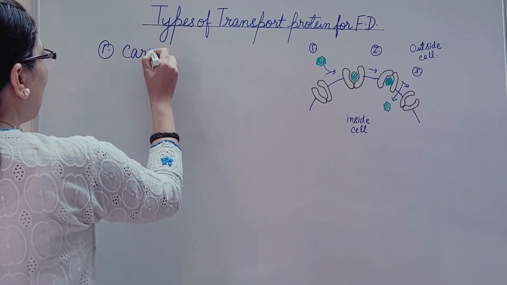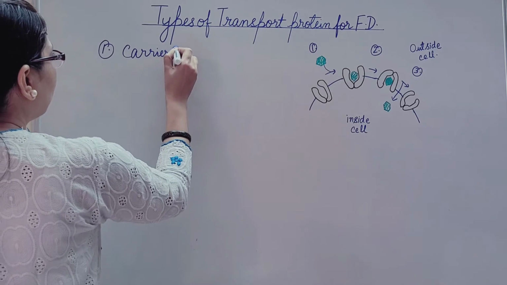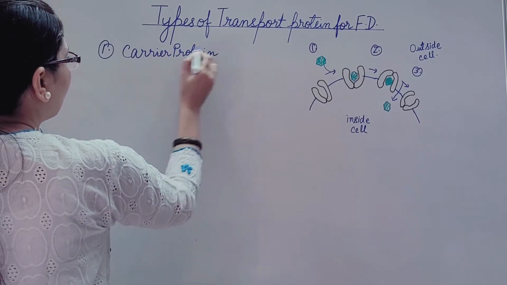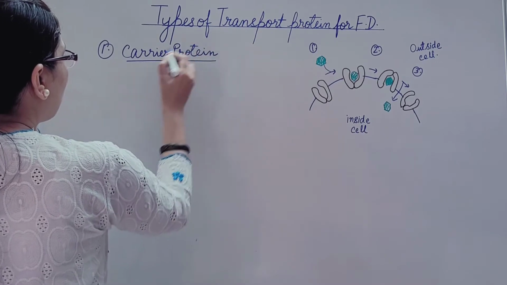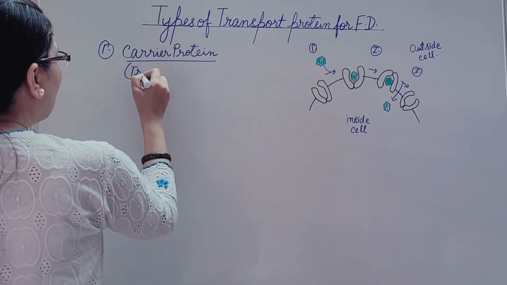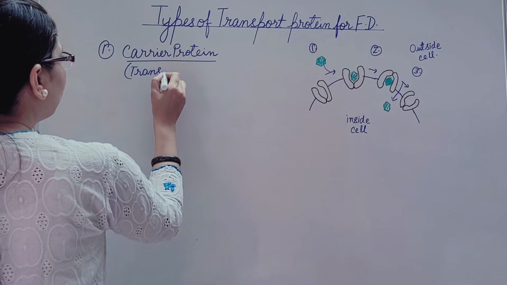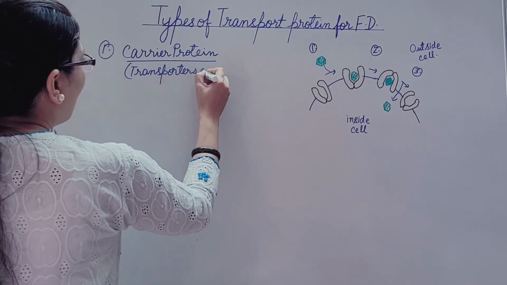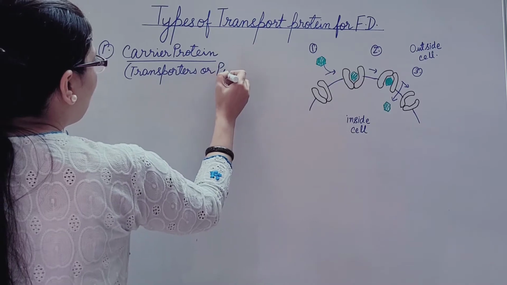One is carrier protein, also known as transporters or permeases.